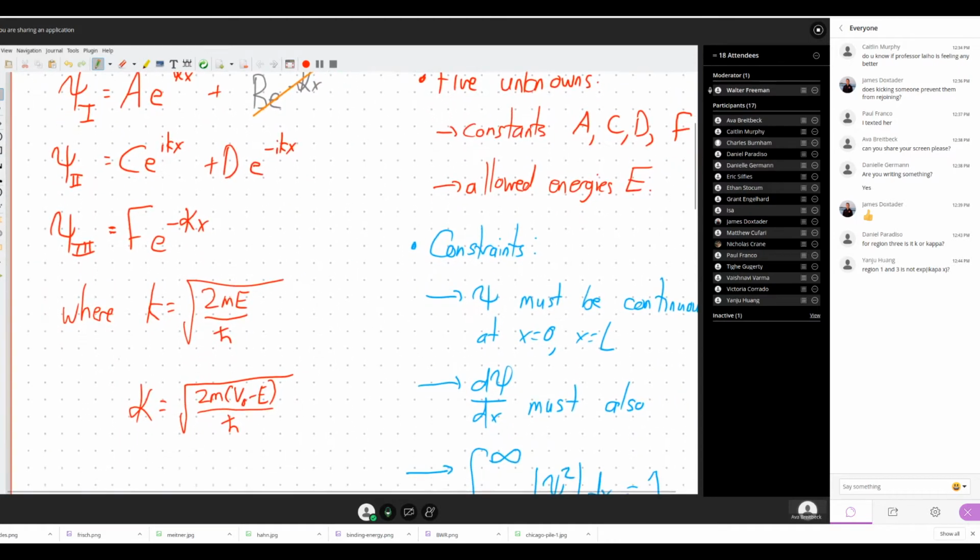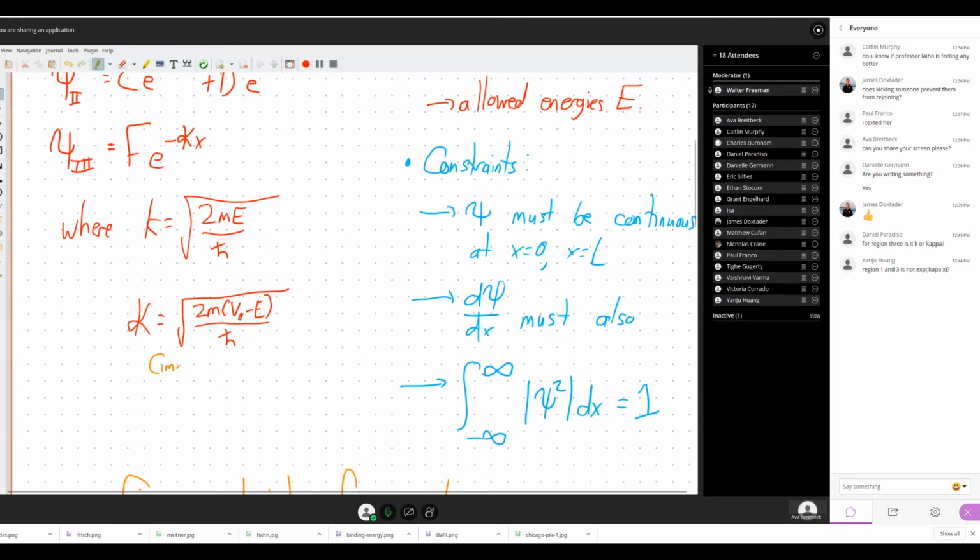So that we can see at a glance whether something is growing or decaying, we define kappa as the positive definite imaginary part of k, where k is the square root of 2m(E minus V of x) over h bar.